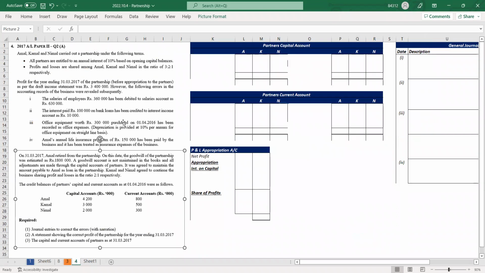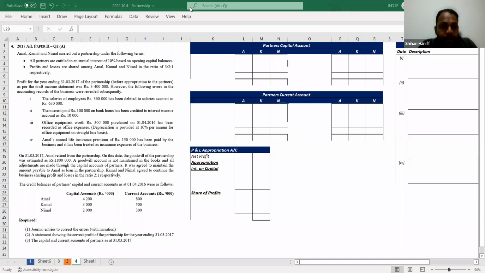Okay, let's do this. A partnership with error corrections. Right. So you all have done error corrections. And here, first you need to find out the adjusted profit. Right. There are errors.